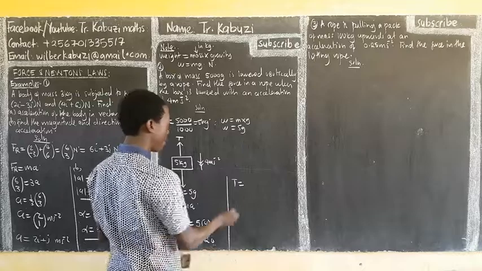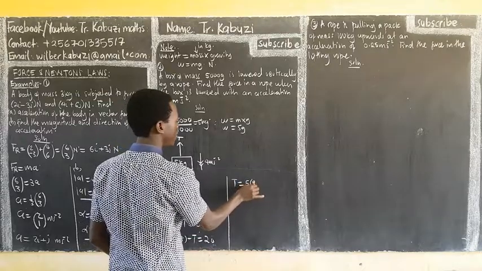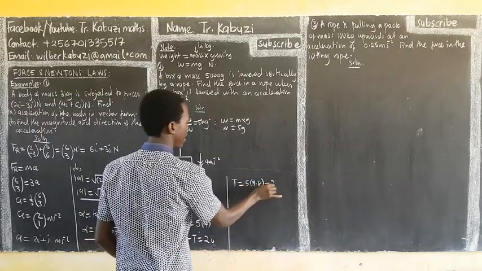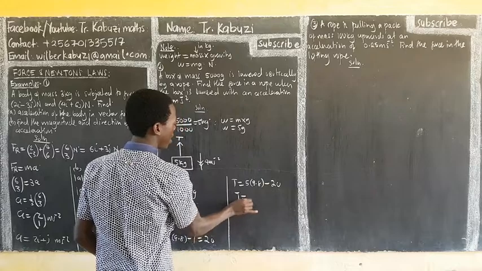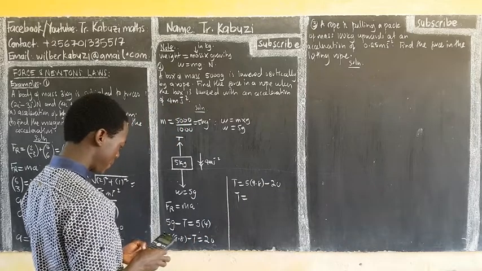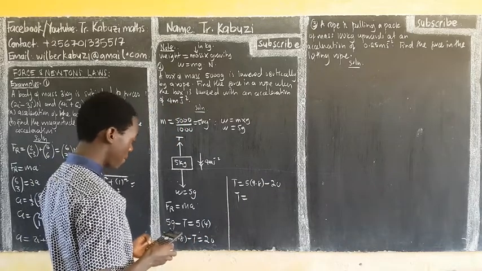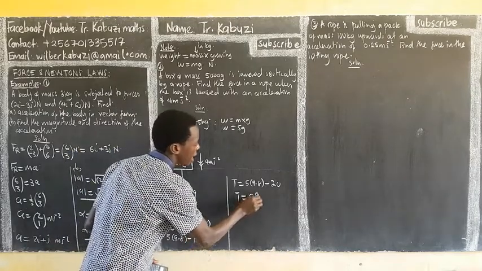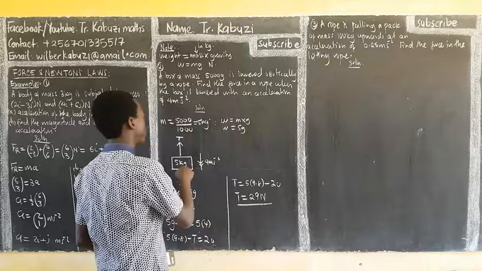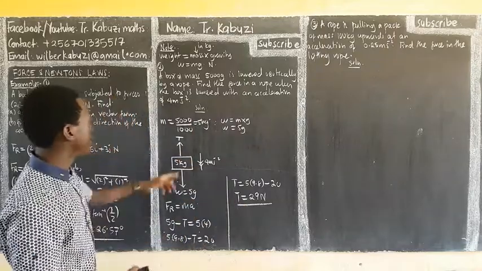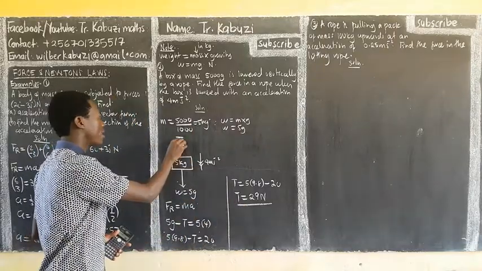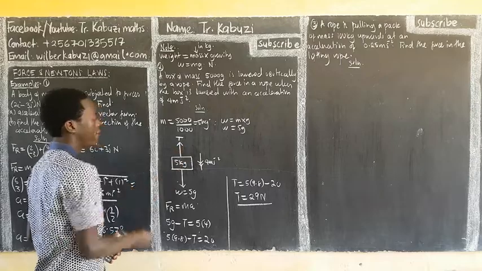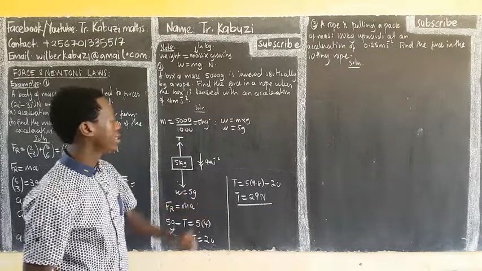When you take this side, you'll have 5 into 9.8 minus 20, and so our tension is going to be 29 newtons. So meaning the force that is reacting to this box is going to be of force 20 newtons.